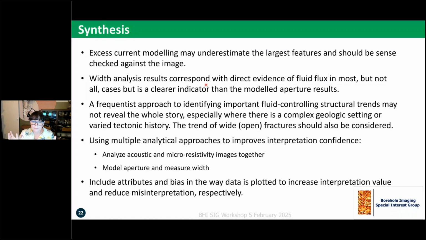And then modeled aperture and measured width, let's do that together. And I wanted to really emphasize that we should include attributes and bias in the way we plot our data so that we can increase our interpretation value and avoid misinterpretation. That's like the issues with the blind zone, understanding confidence of different features and so forth.